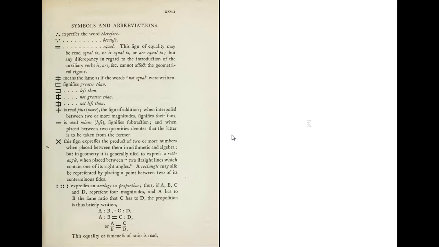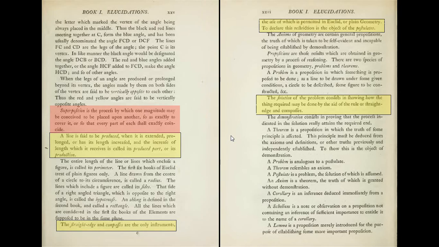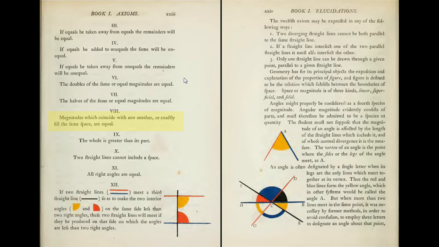Similar triangles is also defined somewhere. Now, I don't understand this axiom, or exactly fill the same space.